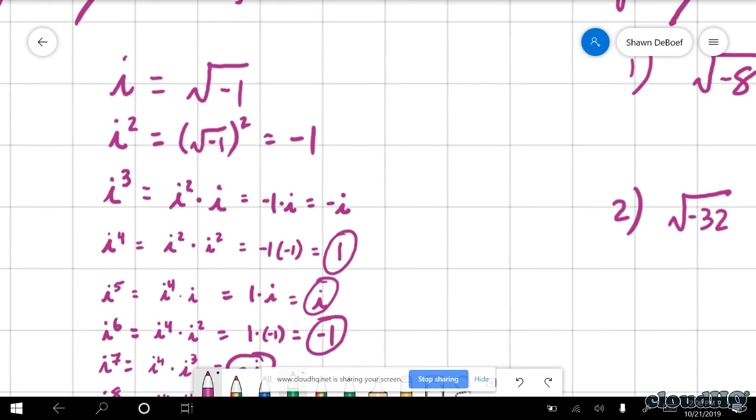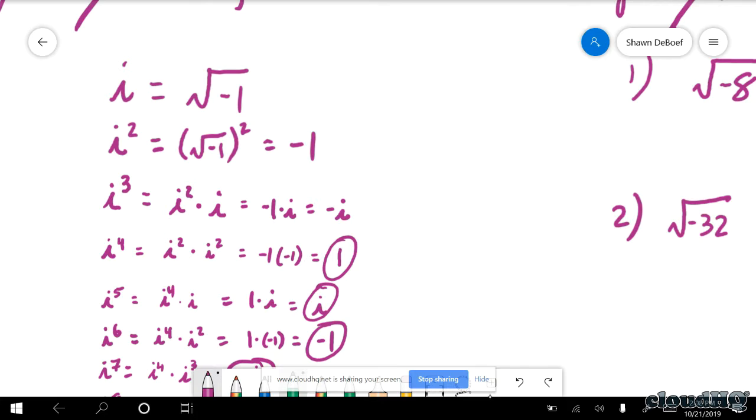I could actually go back. Just think of that as I to the first. What would I to the 0 be? If you don't remember, and this becomes a discussion more in a different unit, I'll explain why it's the case, but anytime you have an exponent of 0, it equals 1.